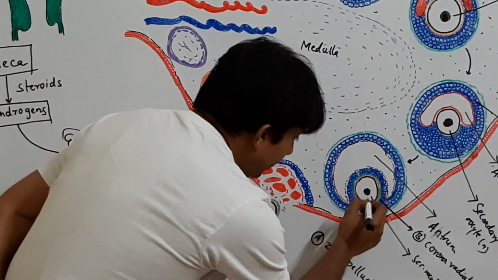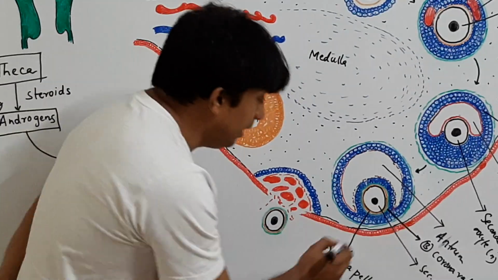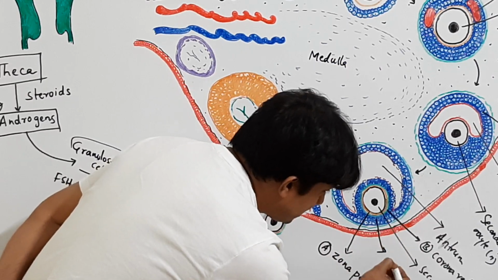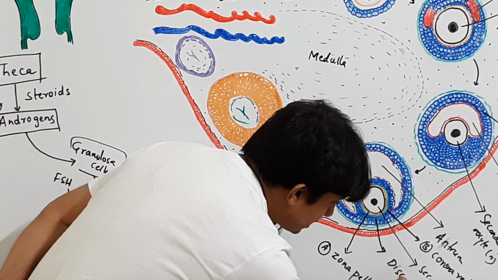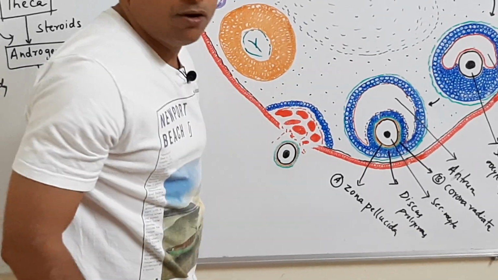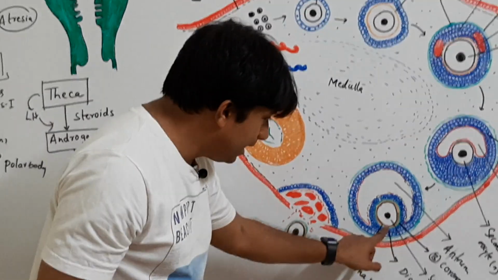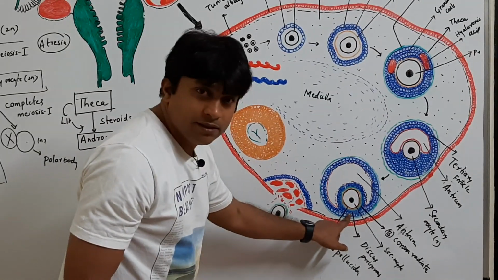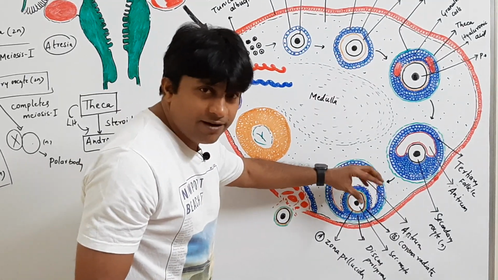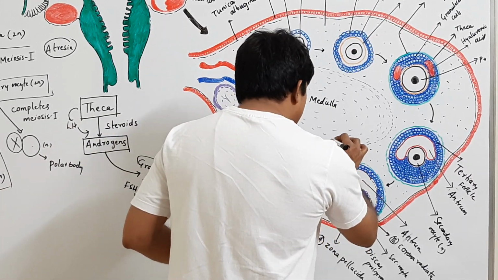And some of the cells of the corona radiata enclose this oocyte or connect this oocyte to the follicle, and these cells are called discus proligerus, or germ hill. Now at this stage, the tertiary follicle is completely developed or matured, and such a matured follicle is called Graafian follicle.